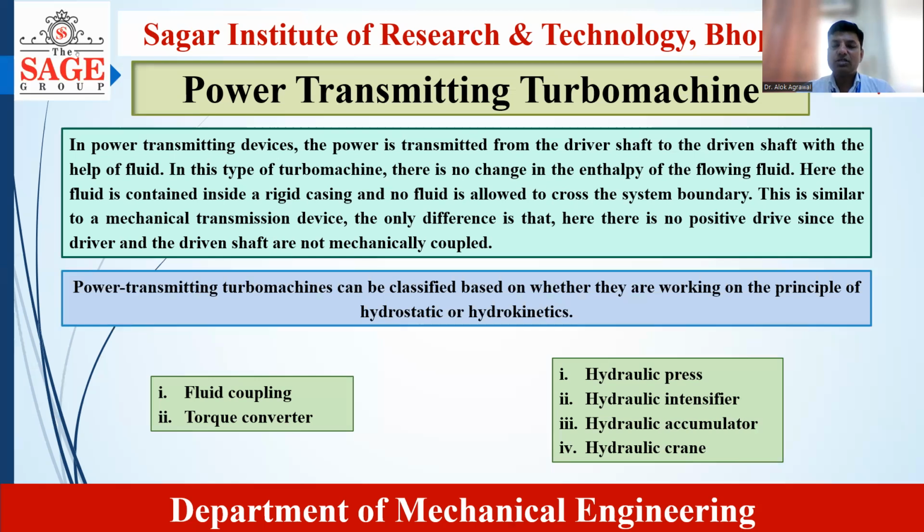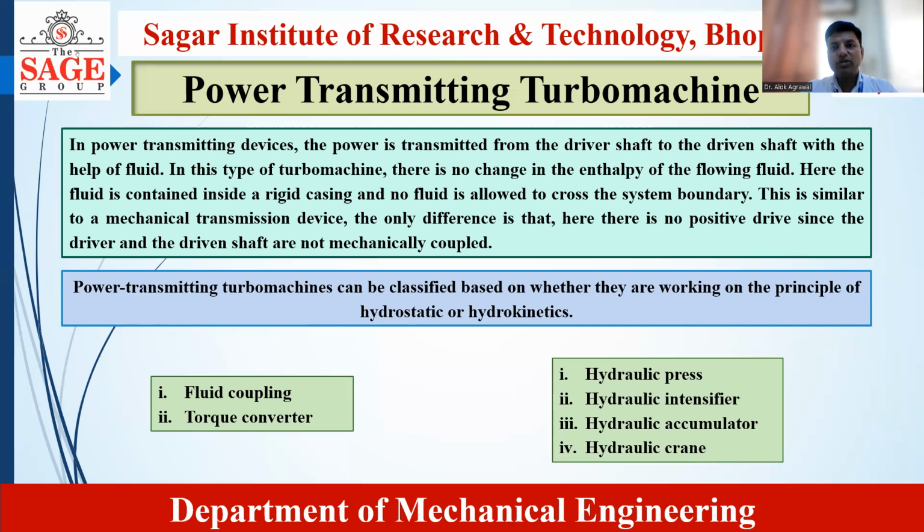When the machine works on the principle of hydrokinetics, there is a continuous movement of the fluid. There are two examples of devices which work on hydrokinetics, that is fluid coupling and torque converter, and there are various other devices which work on the hydrostatic principle. We have to learn four here: hydraulic press, hydraulic intensifier, hydraulic accumulator, and hydraulic frame.